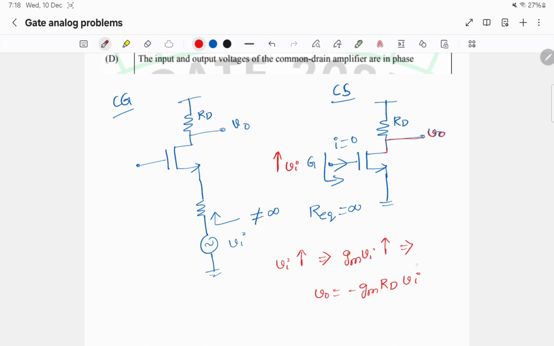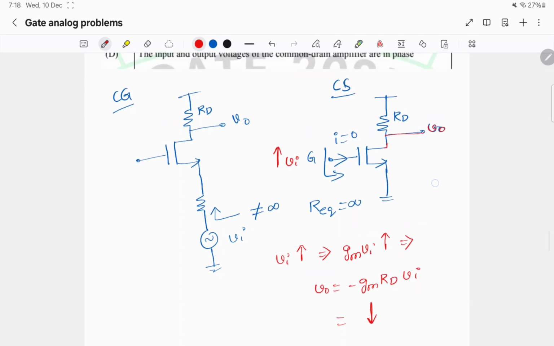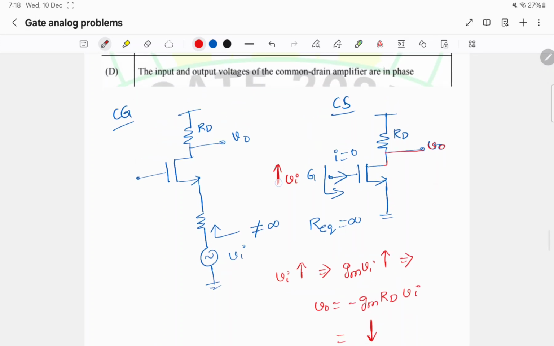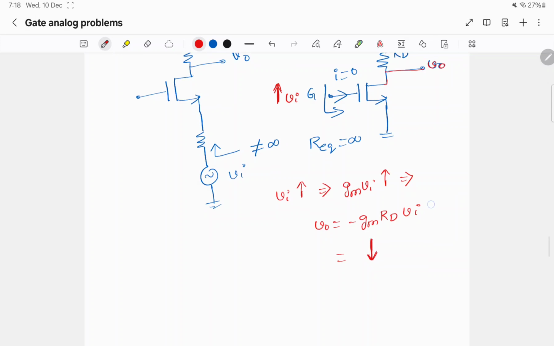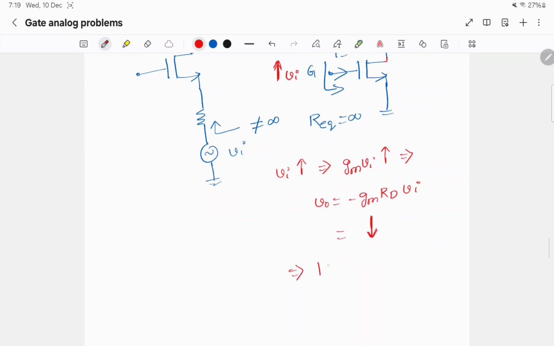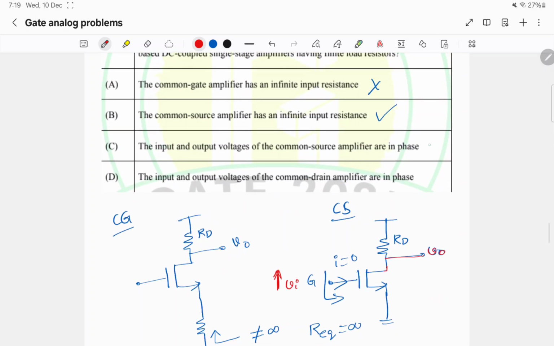If minus Gm Rd times Vi increases, V0 decreases. As you increase the input voltage, the output voltage is decreasing, so they are 180 degrees out of phase. So the third statement is also false.